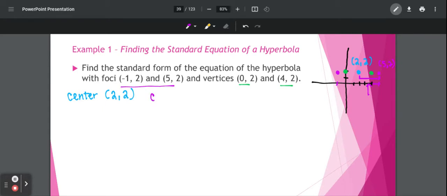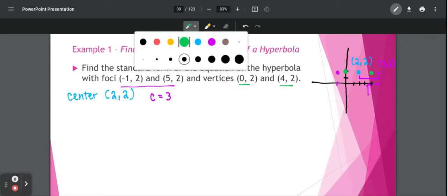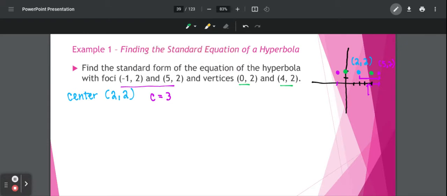So we know that c has to equal 3. For our vertices, we know that we went from 2 to 4, right? And the distance from the center to the vertex is your a value. So we know that a equals 2. Since you went from 2 to 4, the distance is 2.